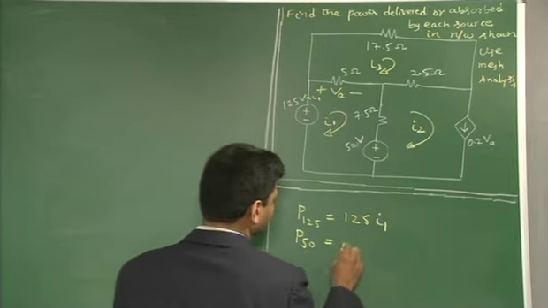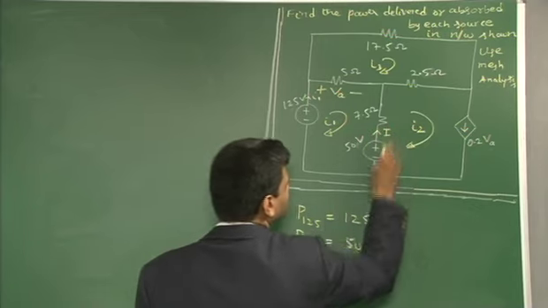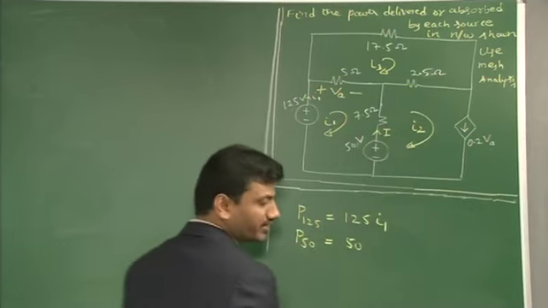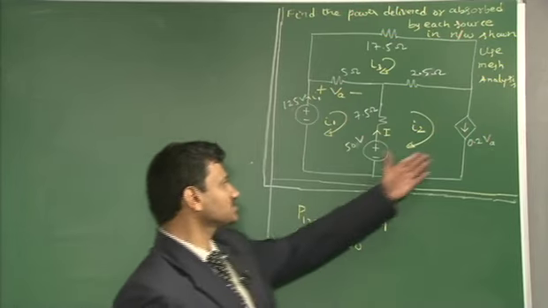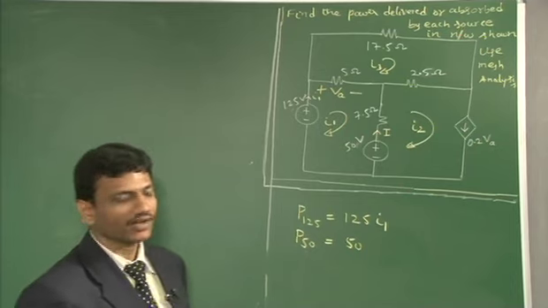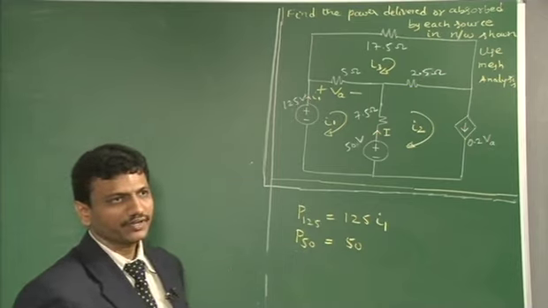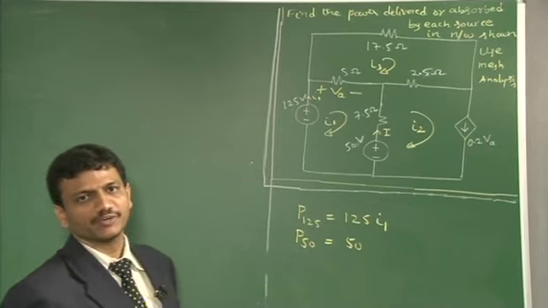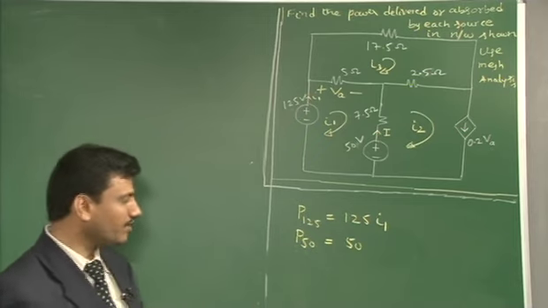The 50 volt source value multiplied by the current that comes out of the positive polarity. Here, we are just assuming that all these sources are actually delivering the power. But when we calculate, if it turns out to be a positive value, it actually means that it is indeed delivering the power.